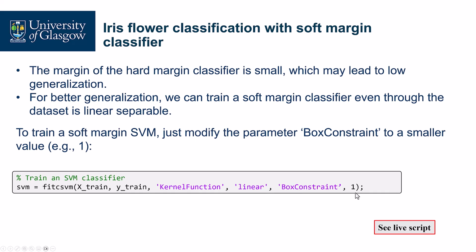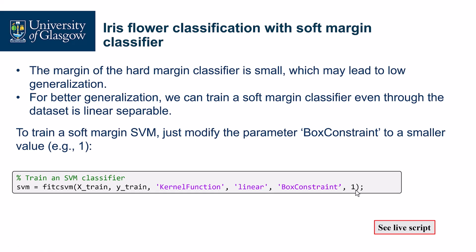Note that the soft margin classifier is applicable not only to cases that are not linearly separable, but also nearly linearly separable. Even if it's linearly separable, if you want to improve the generality, you can still use a soft margin, right? For example, in this case, I set the box constraint to 1.